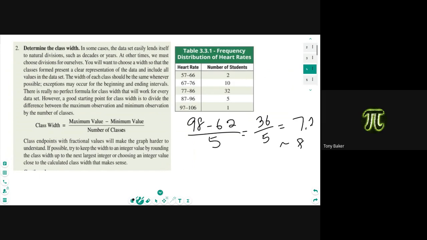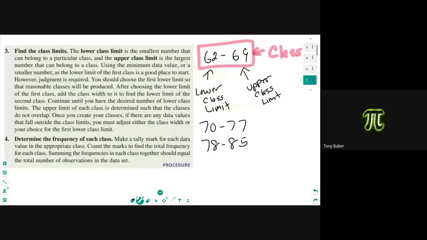My class width was 8. My classes were 5. I'm going to have 5 classes. All right, so we've got 3. What's the next one? I need 3, I think.